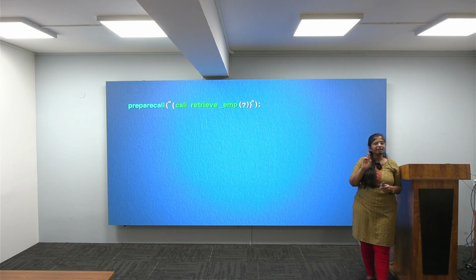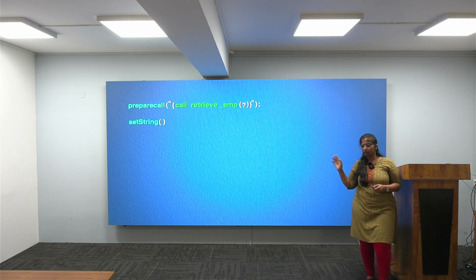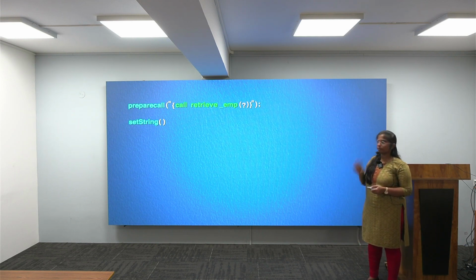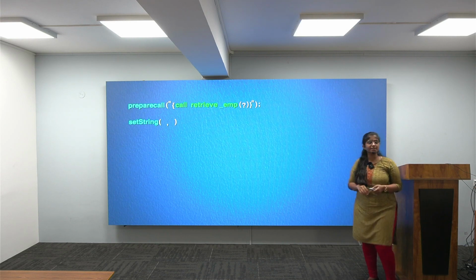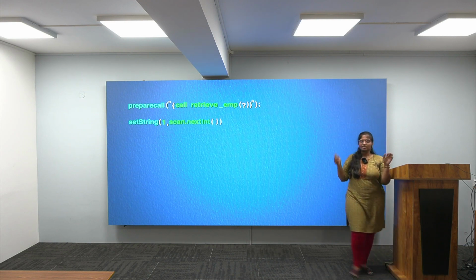Register out parameter I should not have over here. So what is that set? What is the data type? Int. I will call setInt, ignore that setString. How many parameters does it accept? 2 parameters. The first one is a placeholder, the second one is a value.